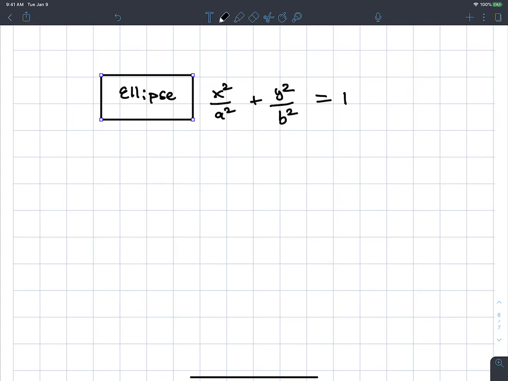And what I'm going to show you here is it has a center at the origin, and A is not the same as B. So these values are not the same.